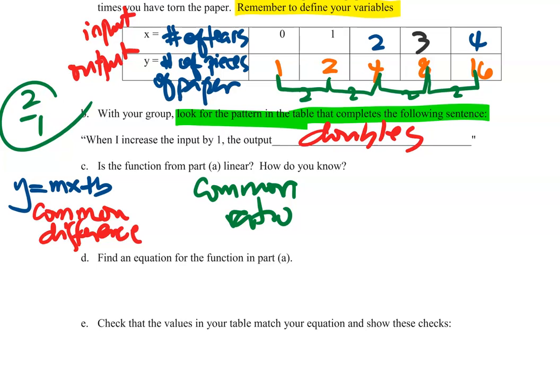And because the y values are increasing exponentially, this is not linear.